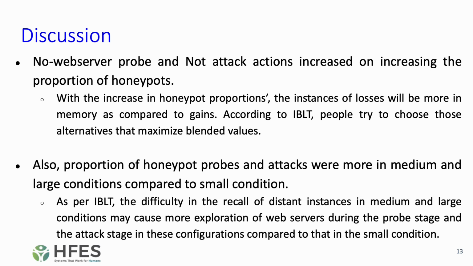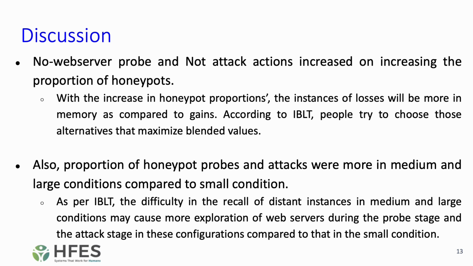Hence, on increasing the proportion of honeypots, the chances of probing or attacking a honeypot web server increase. So people avoid taking the risk where they don't get any reward, and they go for the safe option. Hence, they decide not to probe or not to attack the server.